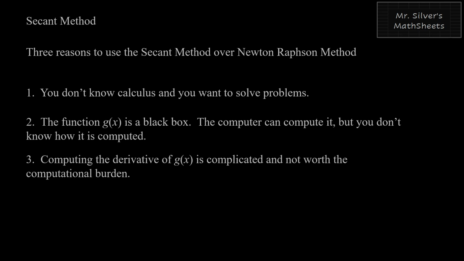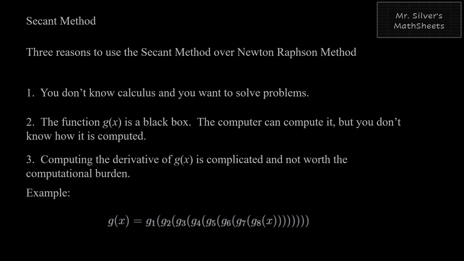The secant method is a way of finding solutions to these problems without bothering with the computational burden of a derivative. Here's an example. Suppose you find g of 1, of g of 2, of g of 3, etc. That would be such a mess to differentiate. Why bother? You don't have to. You can solve this problem without it.